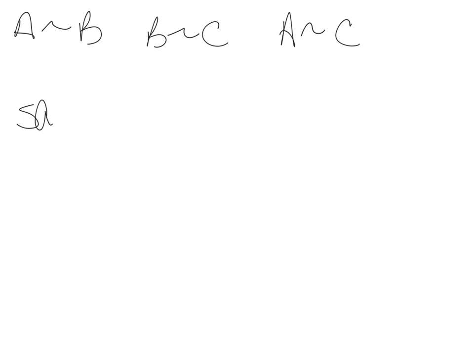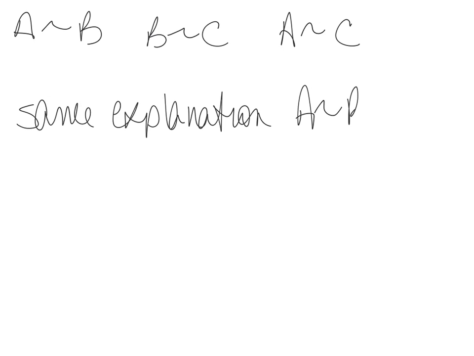And then the last one, A is similar to B, B is similar to C, therefore, A is similar to C. Okay, this one makes total sense also. I mean, same explanation as A being similar to B. Everything can be undone.